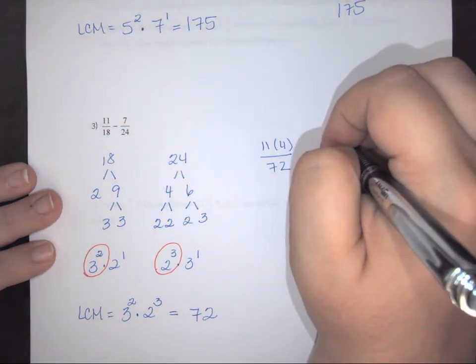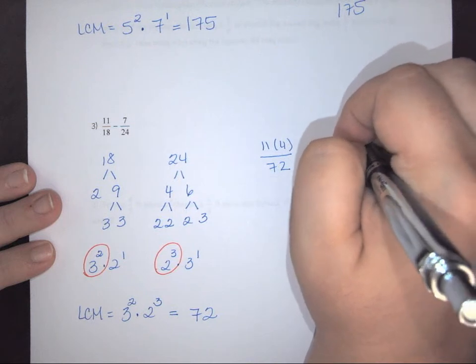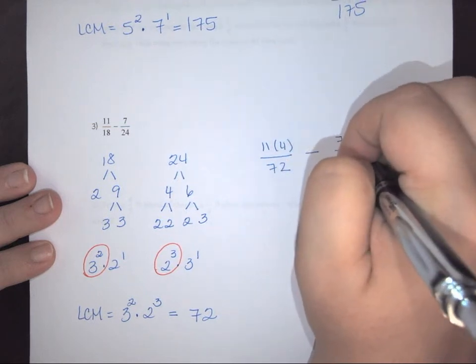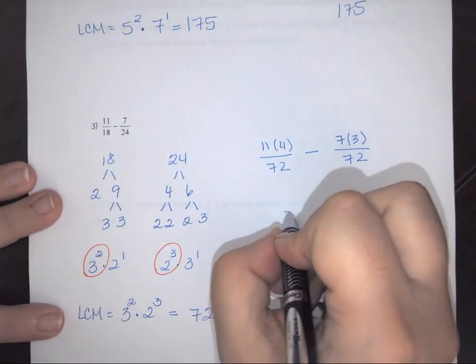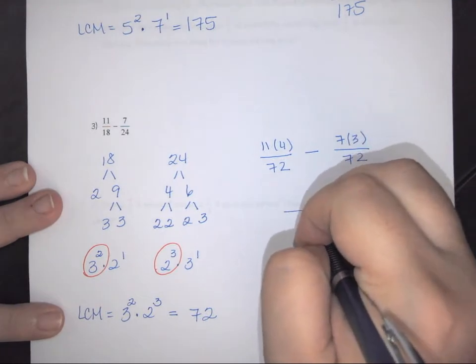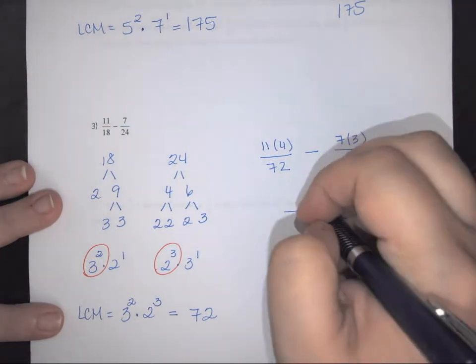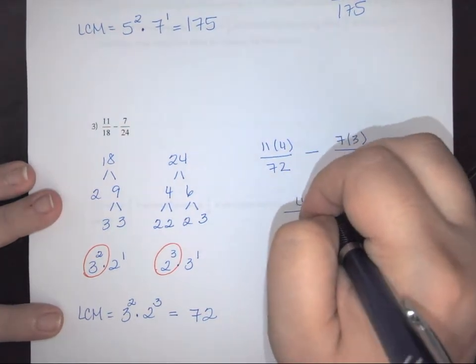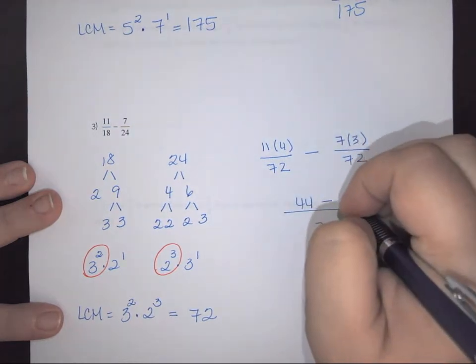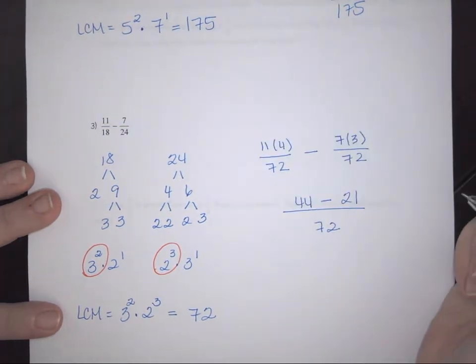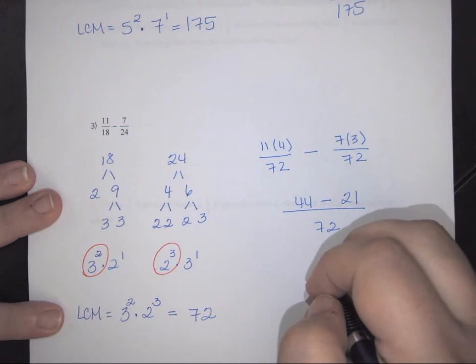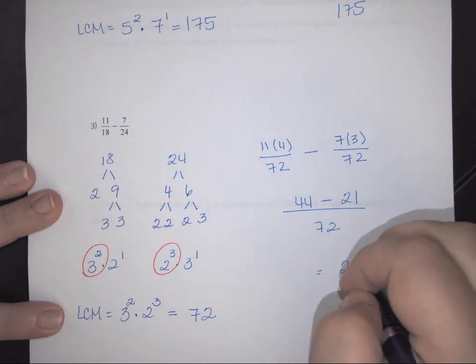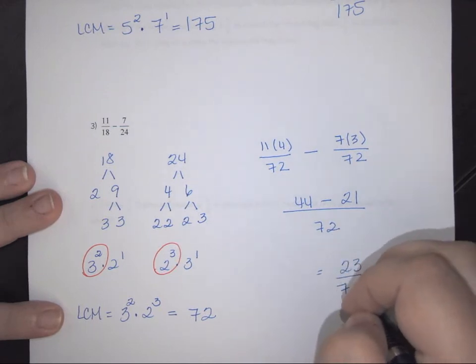And then this would be 7 times 3 over 72. I can put the whole thing over 72. 11 times 4 is 44, and I'm going to subtract away 21. 44 minus 21 is going to equal 23 over 72.